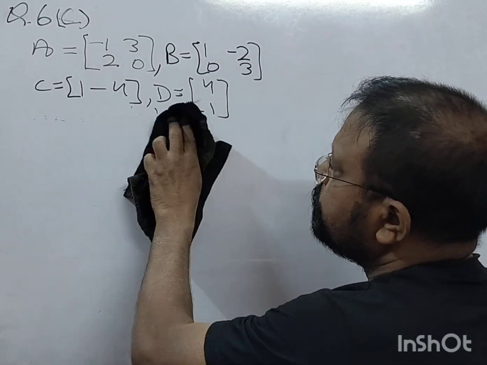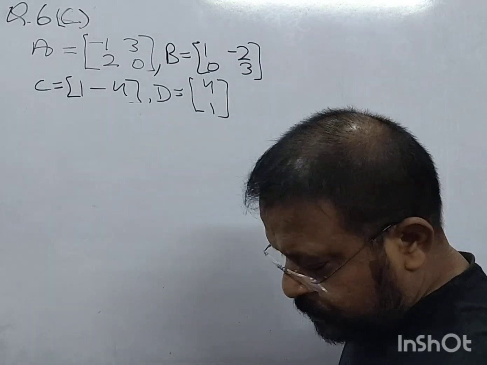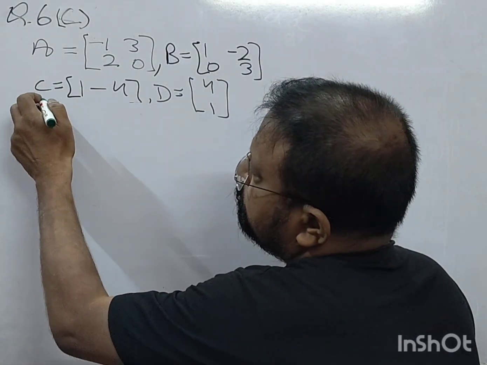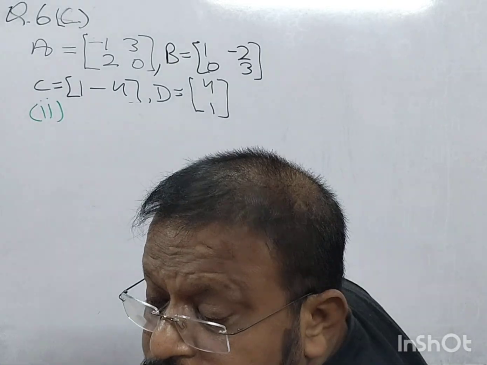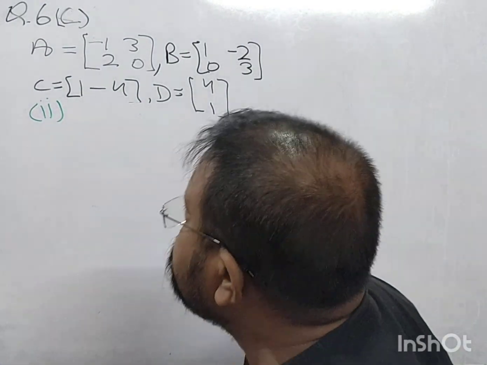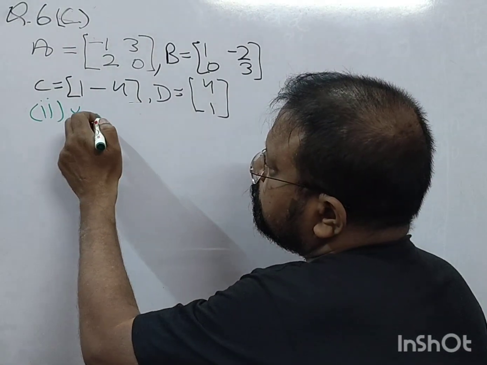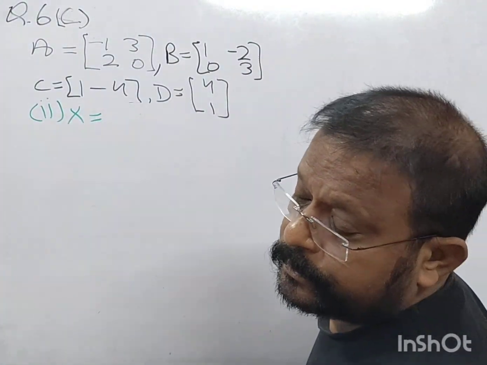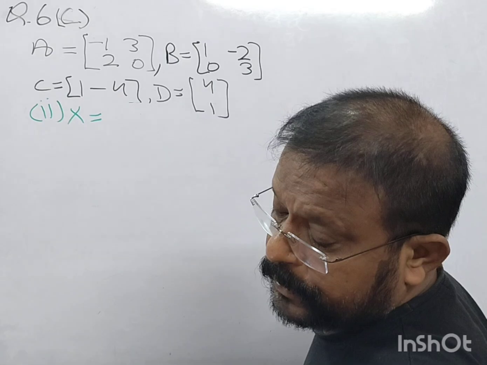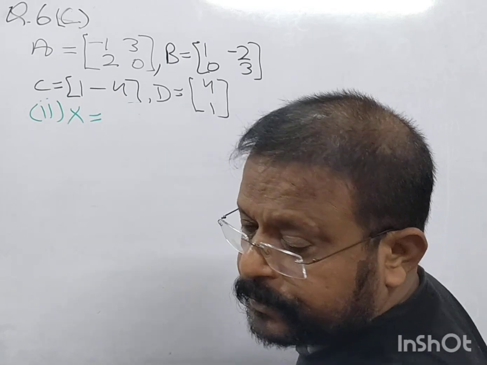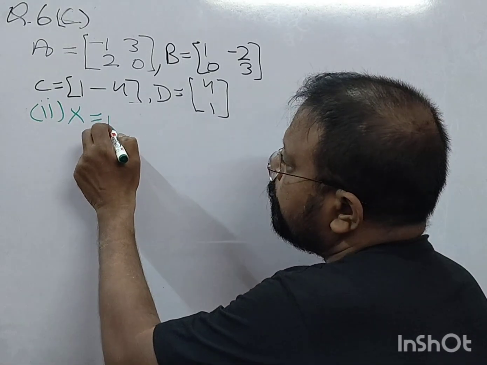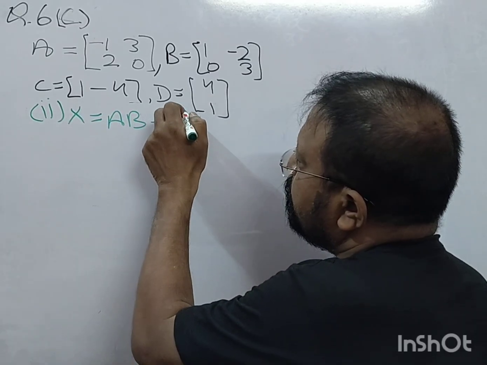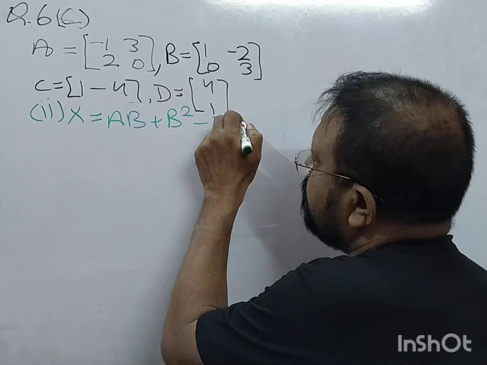The second part of this question is: X is equal to AB plus AB plus B square minus BC, like this.